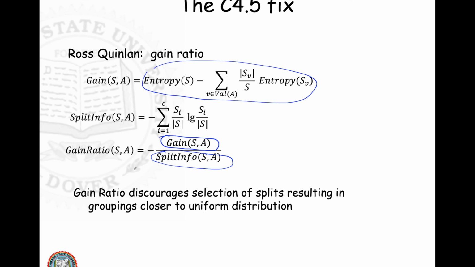And this gain ratio is the information gain divided by the split information, which is this bushiness, the encoding of the bits due to the bushiness versus the reduction in the number of bits needed due to this partitioning. And so this gain ratio discourages the selection of splits that result in groupings that are closer to being a uniform distribution. Because if you have a large uniform distribution, you're going to have a small gain ratio.